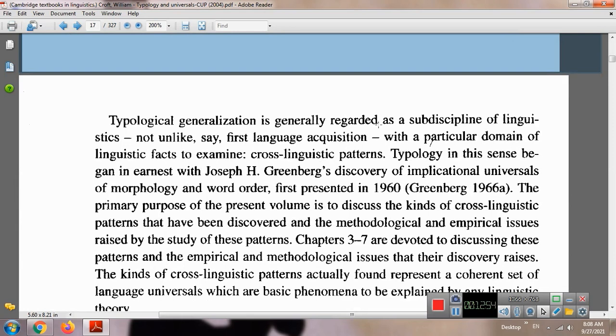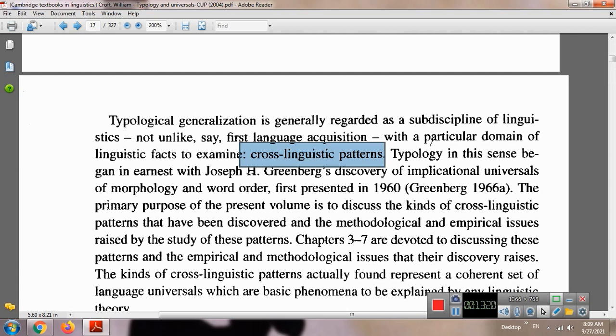Typological generalization is generally regarded as a subdiscipline of linguistics, not unlike, say, first language acquisition, with a particular domain of linguistic facts to examine. Cross-linguistic patterns. This is the function of typological generalization.